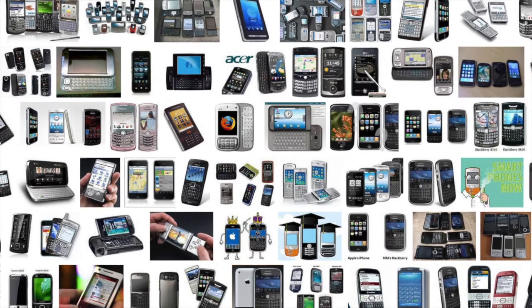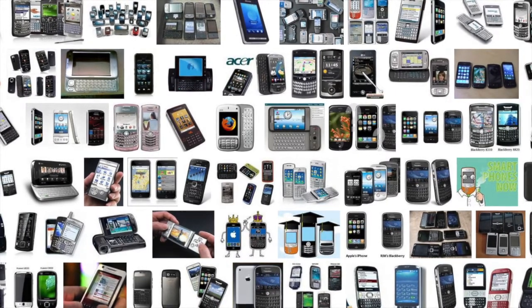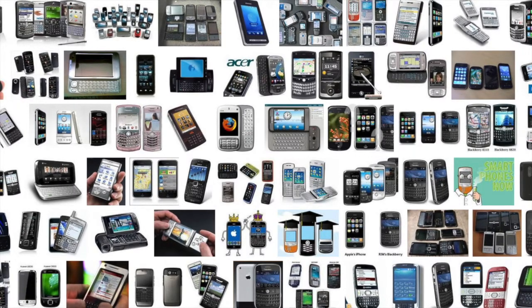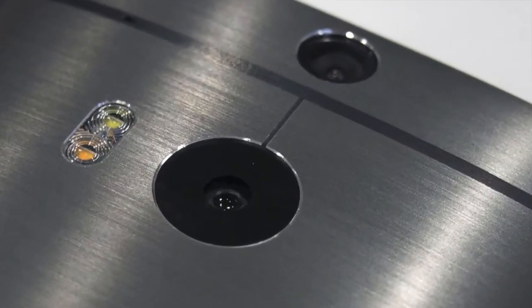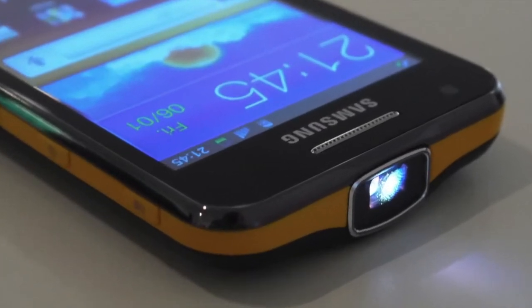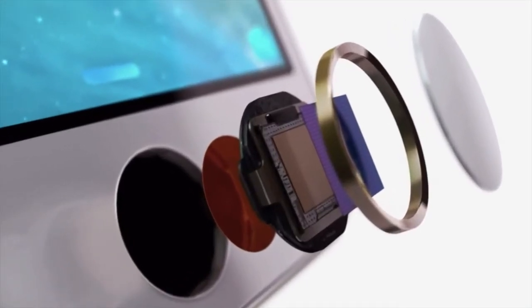And the least that we can say is that we've seen a lot and a lot of new ideas during these last years. Like, for example, transparent display, double camera, flexible display, tiny projectors, heart rate monitor, fingerprint scanner, and so on.